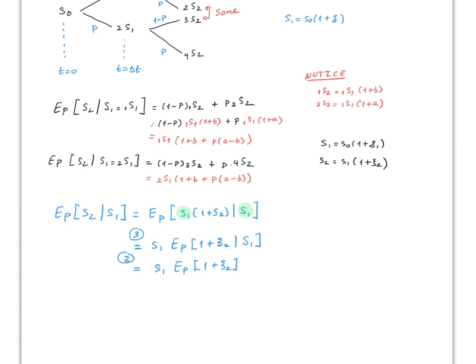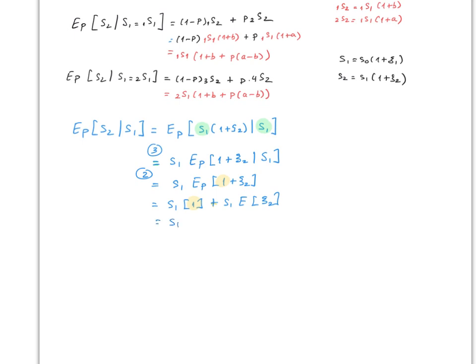Alright, so from here we will have that this is equal to S1 times 1, because the expected value of 1 is 1, since 1 is a constant, and then plus S1 times the expected value of C2.